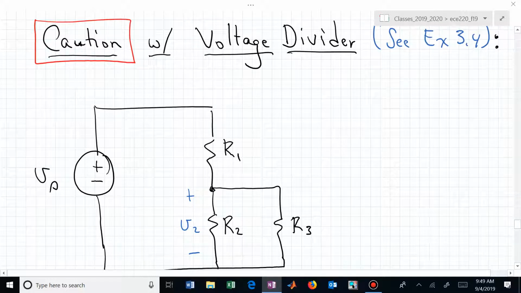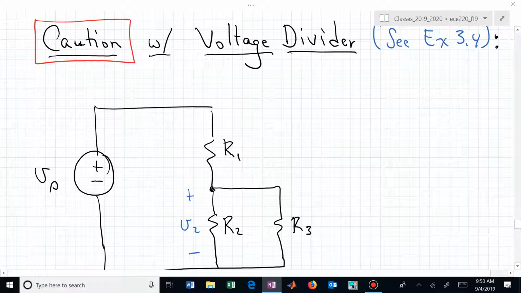If you now have this interconnected circuit and somebody says, what's V2? What you don't want to do, especially if they ask who you had 220 with, is get this wrong. R3 is loading R2, meaning you can't just apply the standard voltage divider formula, R2 over R1 plus R2 times V sub s, to get the answer.